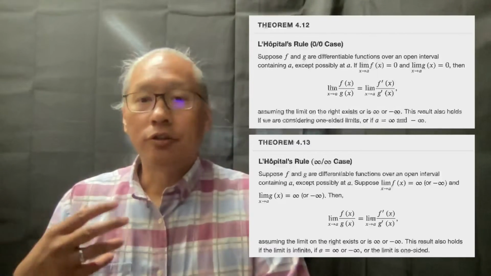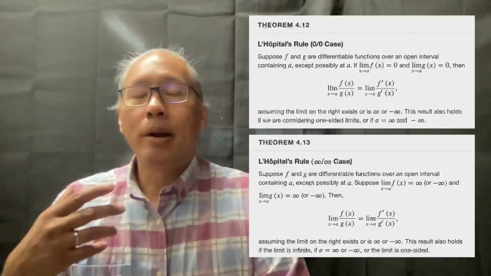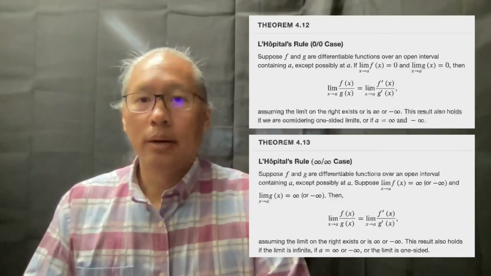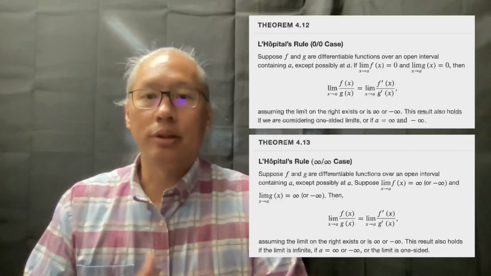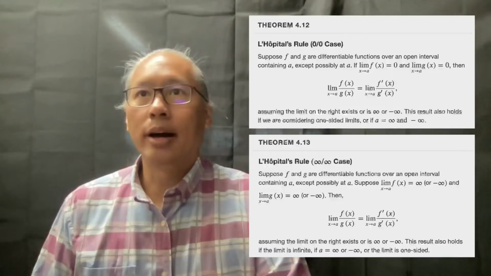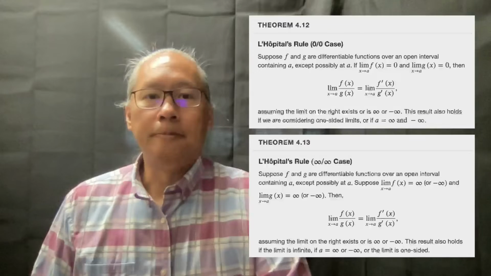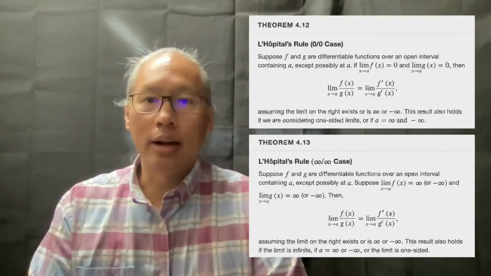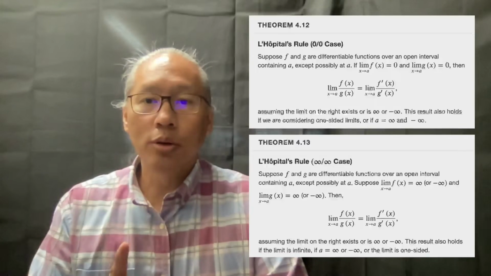So the idea of not comparing the functions, but comparing the rates of change of the functions becomes important. And that's where the derivative comes in. L'Hopital's Rule allows you to find the derivative of the numerator separately and the derivative of the denominator separately, not the quotient rule.